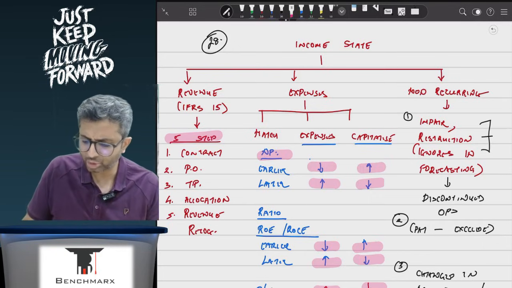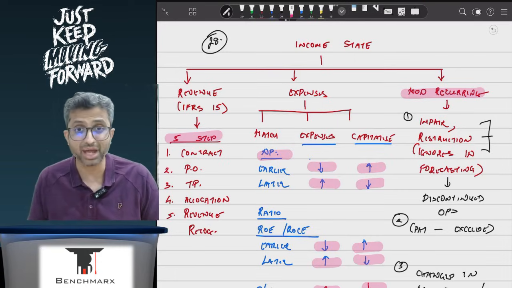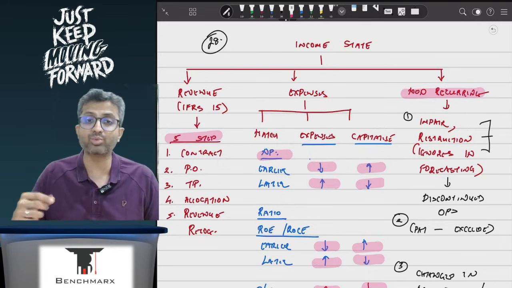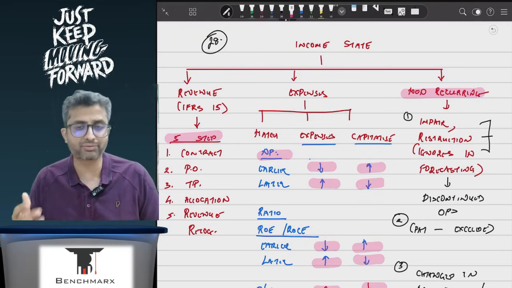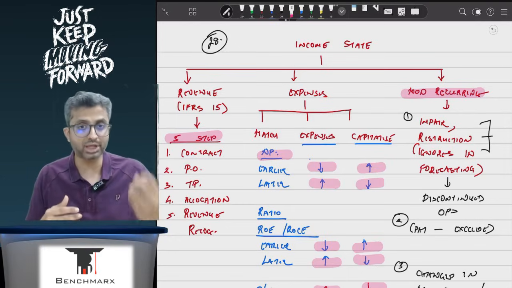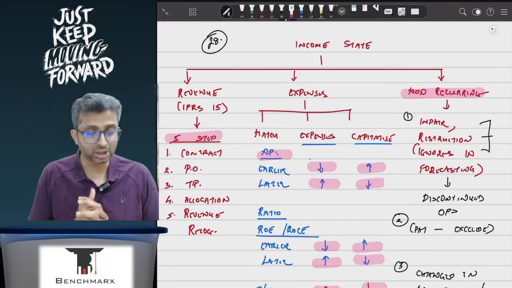Now what we need to be very clear about as analysts is non-recurring items. These can be items like impairments, restructurings. These are usually one-off items, and when you are looking at forecasting, we should avoid taking them for the purpose of our forecasting, because they are not recurring in nature. When we try to forecast, you should take revenues or expenses which are likely to continue, likely to recur.